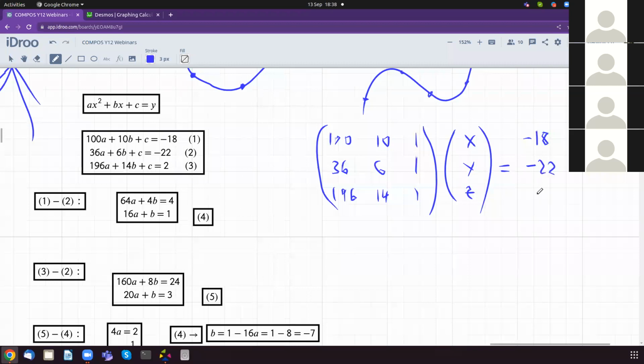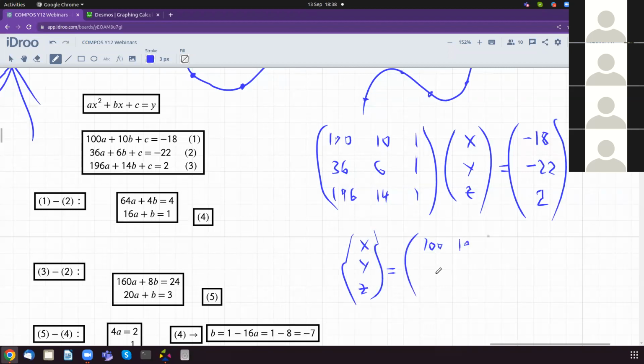To find x, y, z, all you need to do is take the inverse of this matrix and multiply it by minus 18, minus 22, 2. And if you have a fancy calculator, any Casio calculator will do, and you can find that.